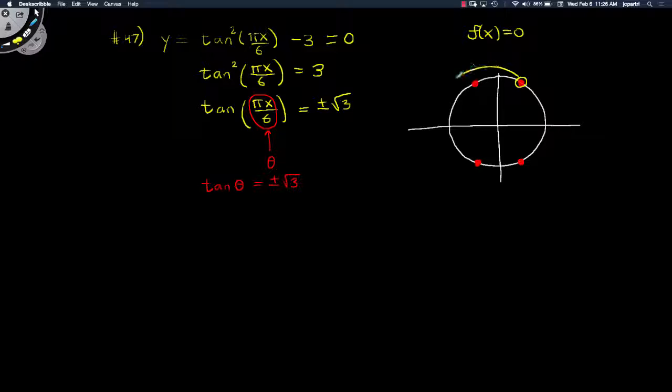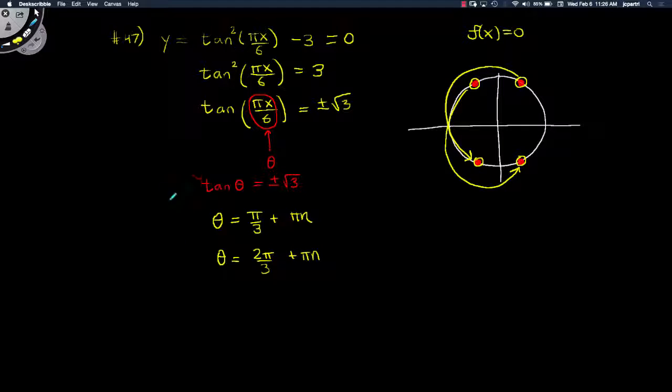So these are separated by pi n, and these are separated by pi n. So theta equals pi over 3 plus pi n, and theta equals 2 pi over 3 plus pi n.